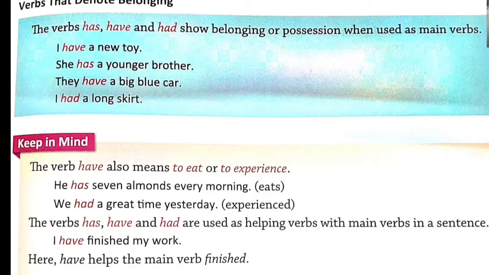I have a new toy, she has a younger brother, they have a big blue car, I had a long skirt. These are all examples with has, have and had. These are all helping verbs. We have completed the sentence. Through this has, have and had, we can show that the sentence shows some belongings.